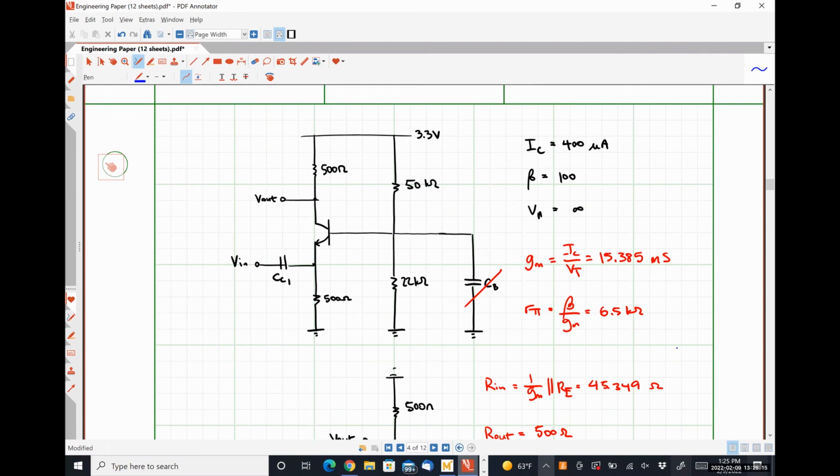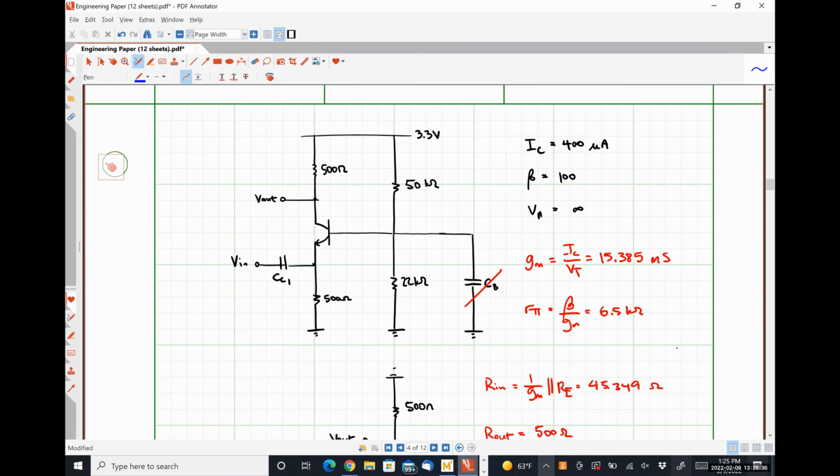So the capacitors are used because at DC, they look like open circuits, okay? Which means that we have a full bias network that's setting a very stable DC operating point for the circuit.